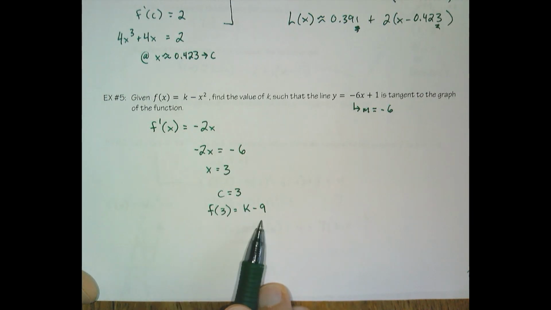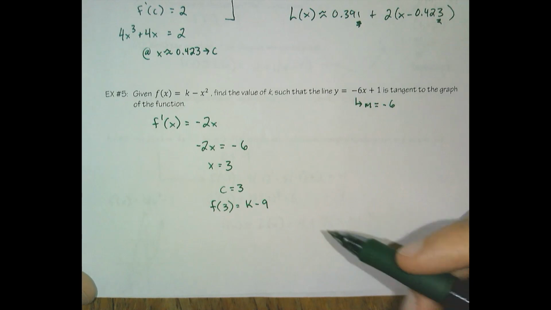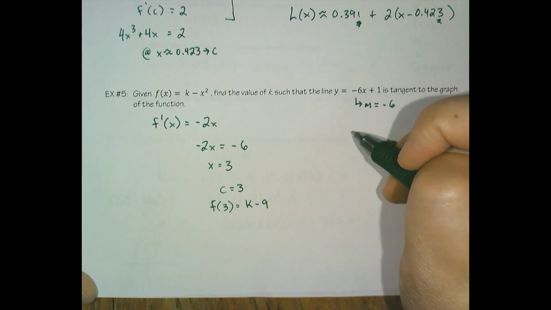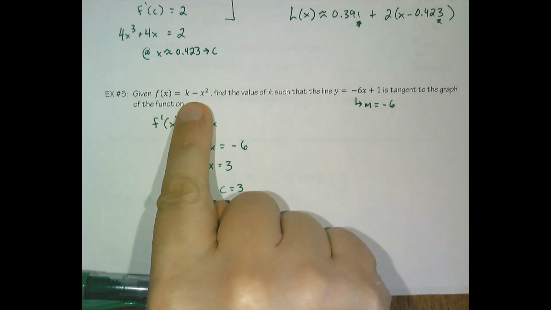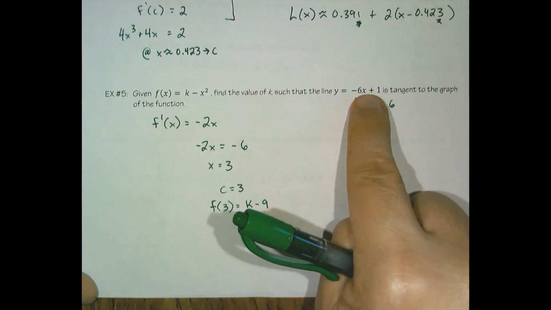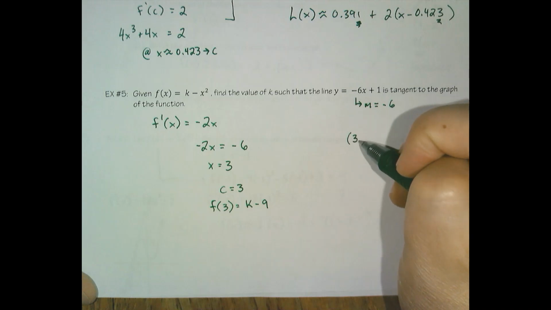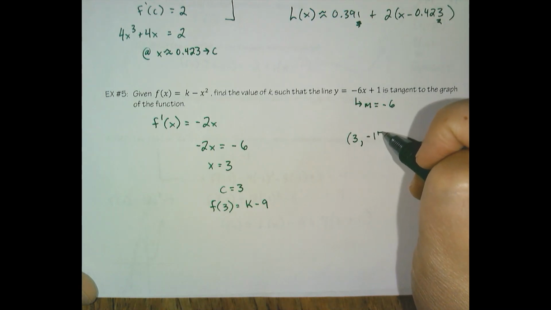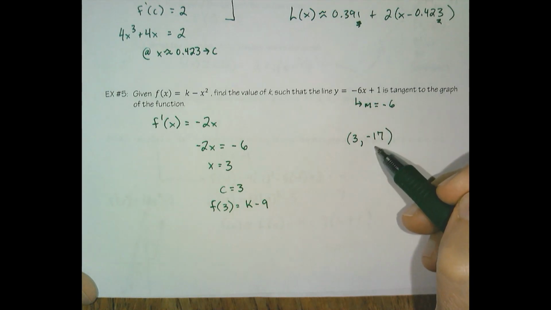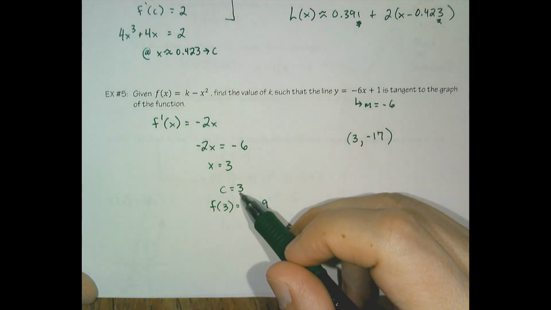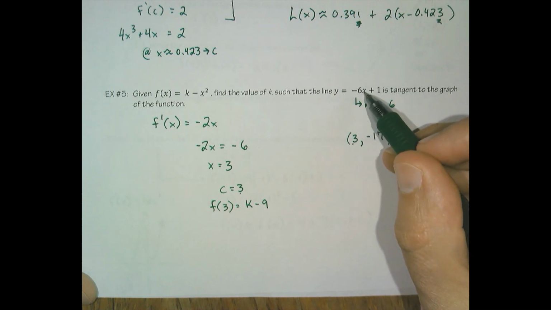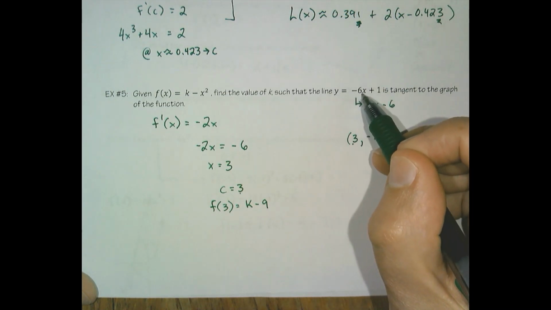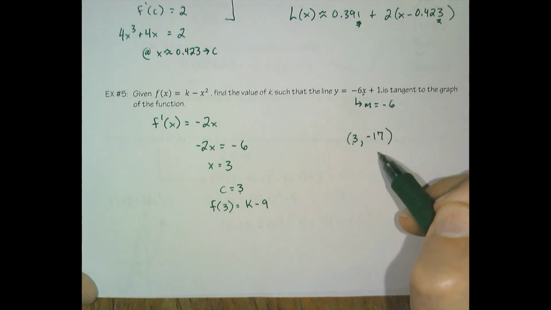If this curve is tangent to this line, then both the curve and the line are going to share this coordinate of 3, -17. And where did that -17 come from? Well, if 3 is the x value, and I stick 3 into this tangent line equation, -18 plus 1 is -17.